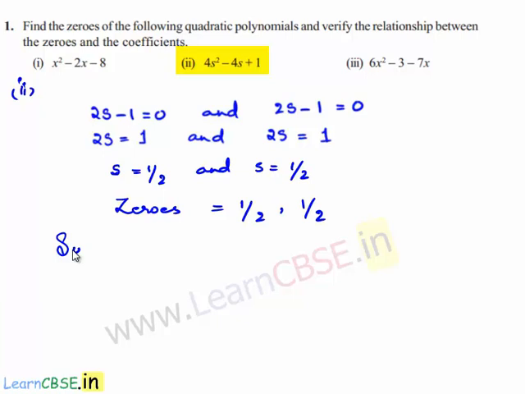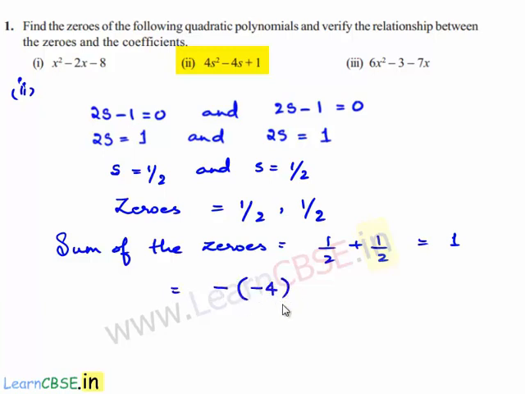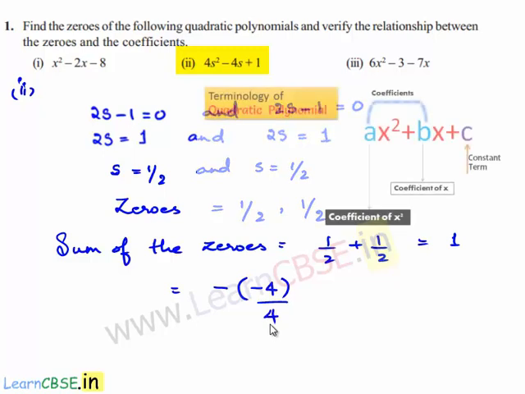So sum of the zeros is equal to 1 by 2 plus 1 by 2, which is equal to 1. So 1 can be written as minus of minus 4 divided by 4.